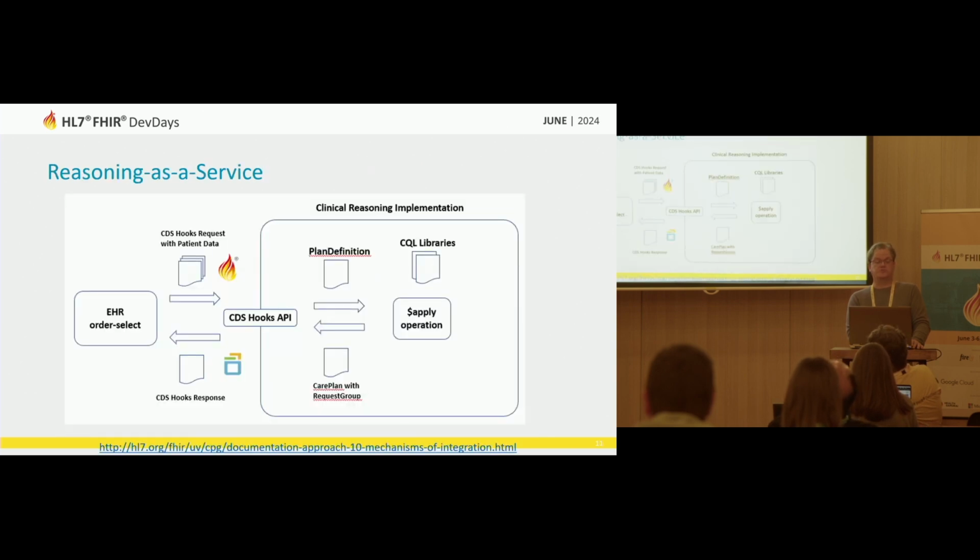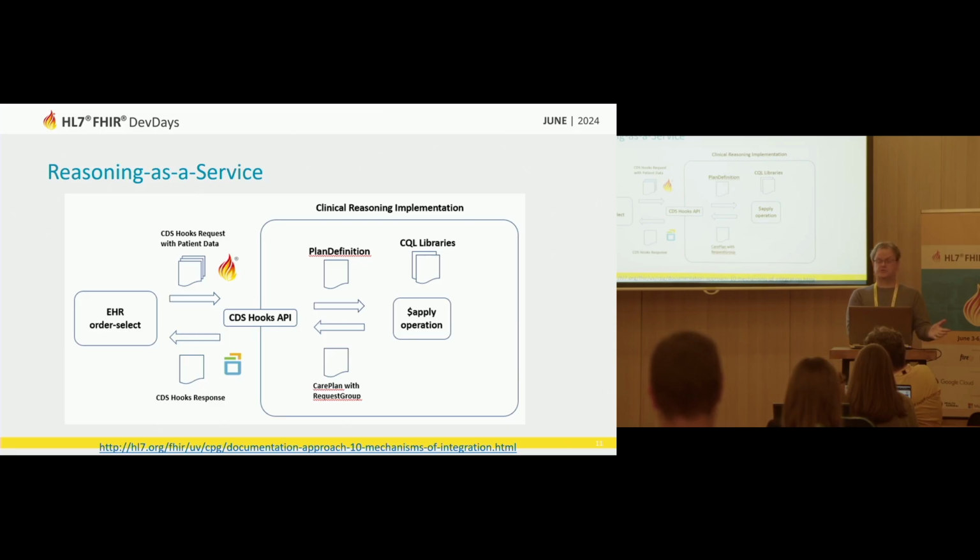So starting with the decision support, reasoning as a service: if you have a clinical reasoning implementation that exposes that capability via a CDS Hooks API, then when your EHR calls the CDS Hooks request, it passes the data according to the data requirements surfaced by the plan definition, the prefetch in CDS Hooks. That information is passed to the CQL libraries, run through the apply operation, and you get a care plan with request group as the response, and that's converted into a CDS Hooks response and sent back to the EHR.